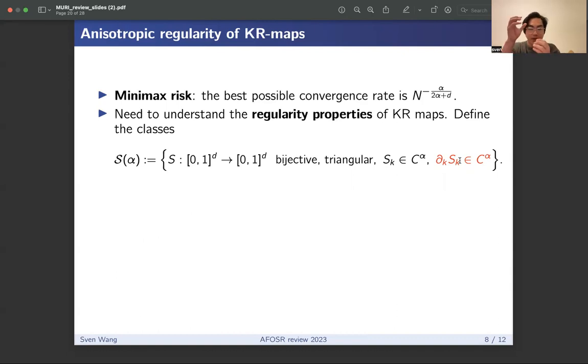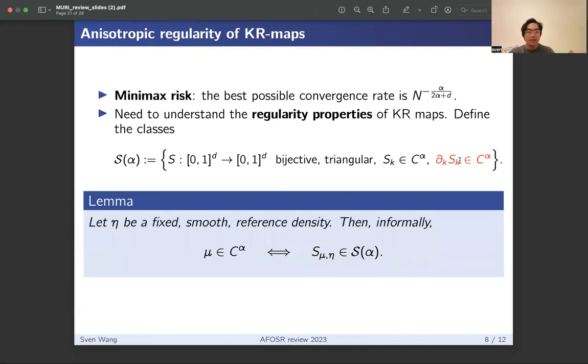So if you take the kth component of the map and take the derivative of that component with respect to the last variable, you require that partial derivative also to be C alpha smooth. So in some sense, there's more regularity on the diagonal.